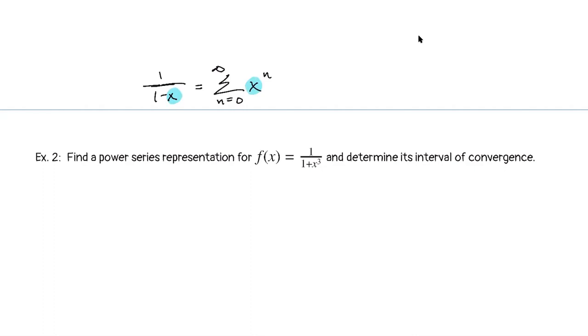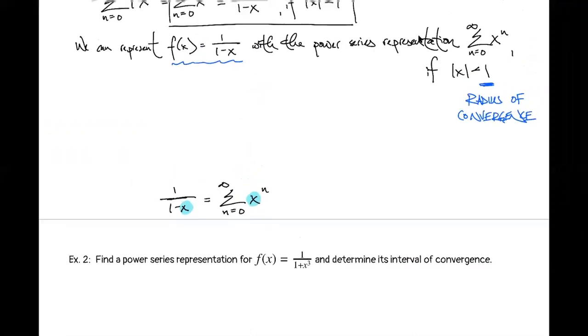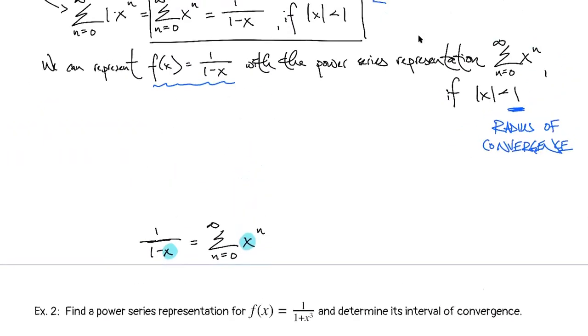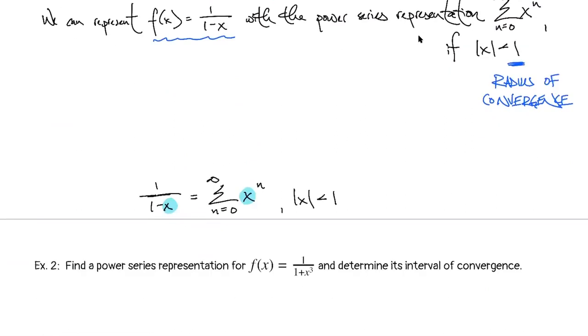If I have 1 over 1 minus something, then I write the power series by taking that something and raising it to the power of n. And we also want x to be less than 1.